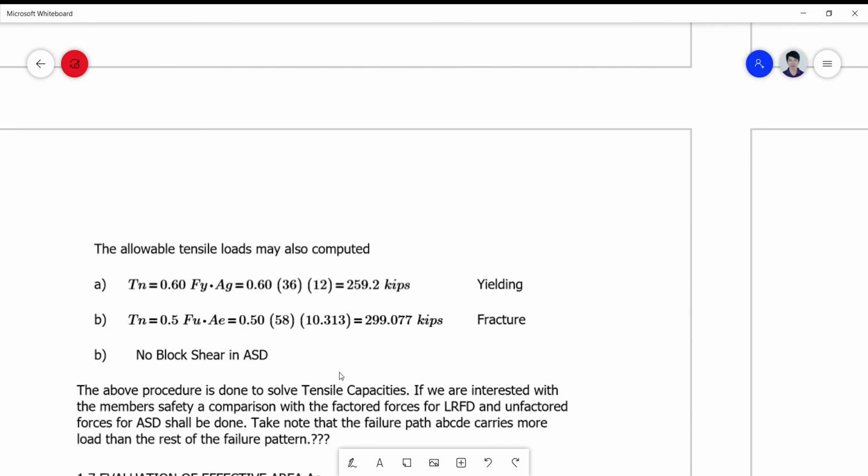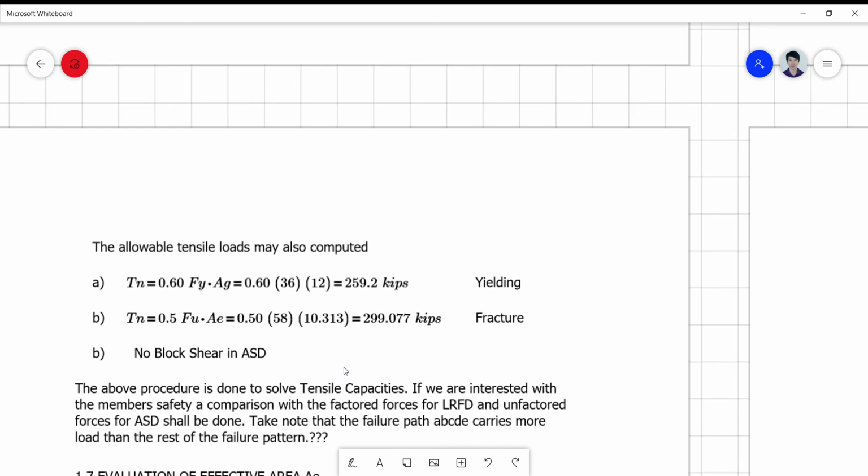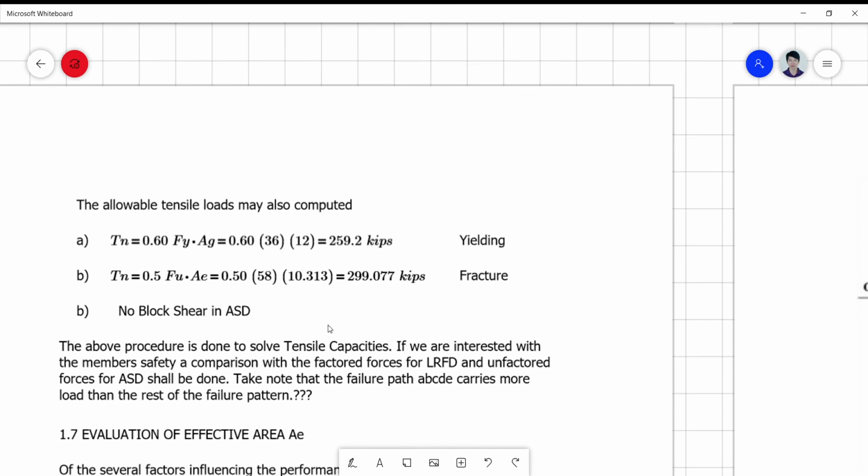So what is now the final strength you will be using for this computation?